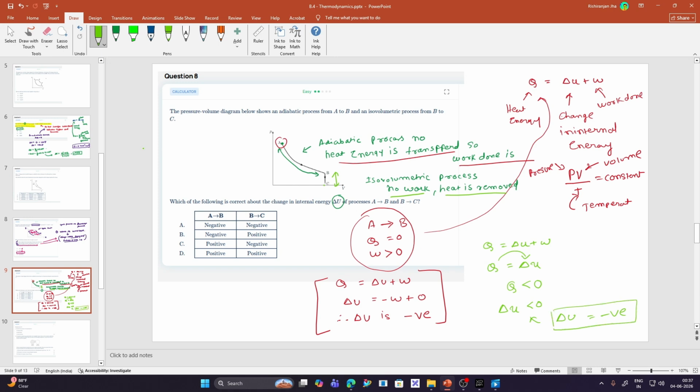So from this we understood that the change in internal energy of a gas in the adiabatic process, from A to B, and in the isovolumetric process, from B to C, is negative. So here only one option we have that shows negative, so that is option A. From A to B it is negative, and from B to C also it is negative.